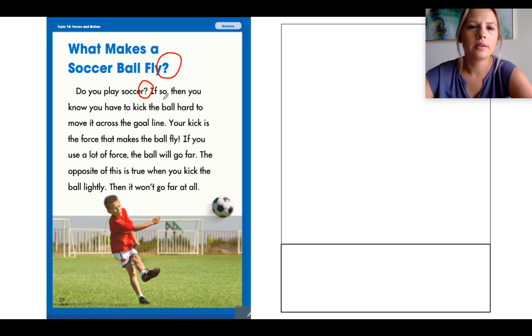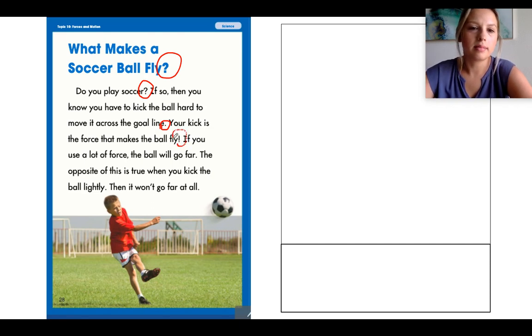If so, then you know you have to kick the ball hard to move it across the goal line. I see a period, which means we just said a statement. Your kick is the force that makes the ball fly.